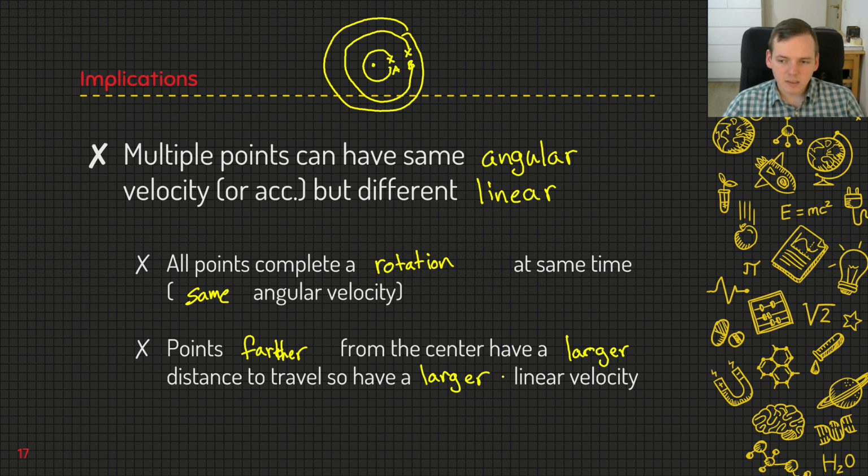So this is where it gets a little interesting, maybe a little weird with rotations: multiple objects can have the same angular velocity or angular acceleration, but the farther you are from whatever you're rotating around or traveling around, you're going to have larger linear velocities or accelerations. So that's what we're looking at here.